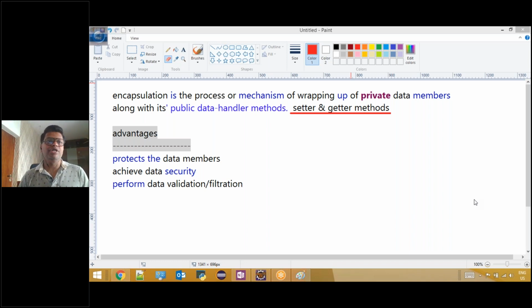Similarly, for set ID, you can say initialize ID. You can give any name, but the coding standard says it's better to start with get and set. That's the universal coding standard that we follow.